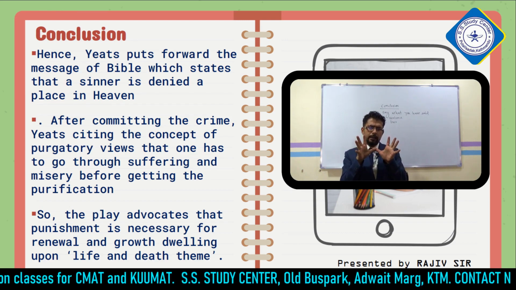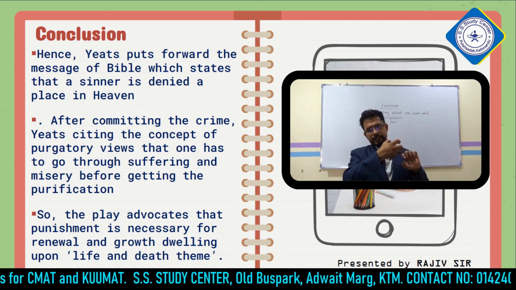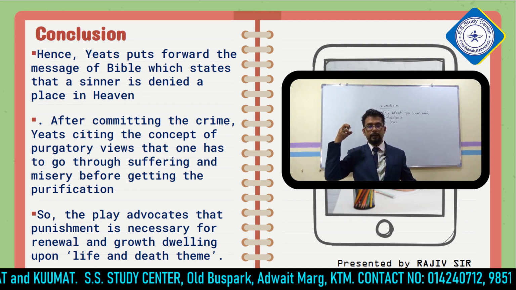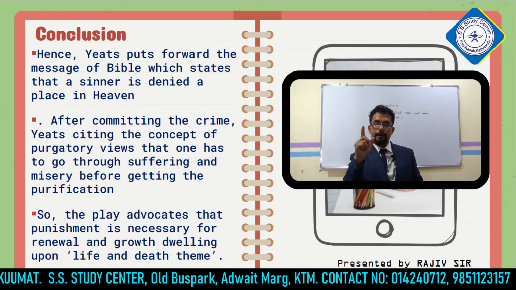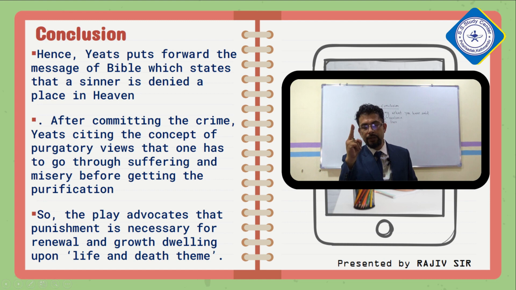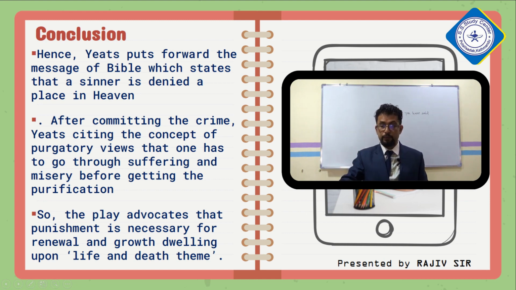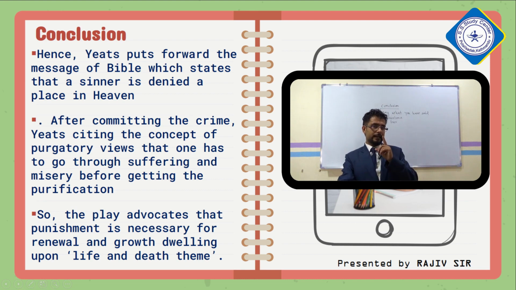After committing the crime, it cites the concept of purgatory, which views that one has to go through suffering and misery before getting purification. So the play advocates that punishment is necessary for renewal and growth, dwelling upon the life and death theme.